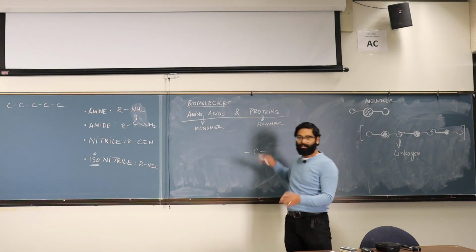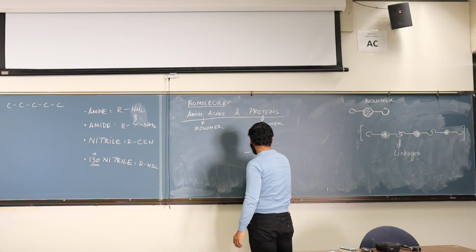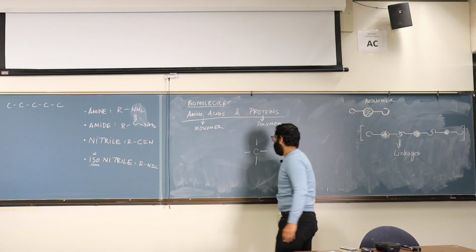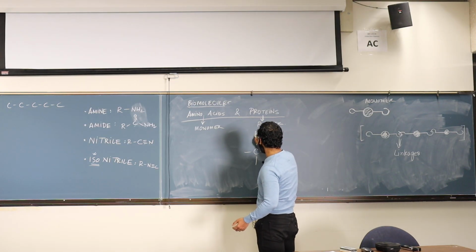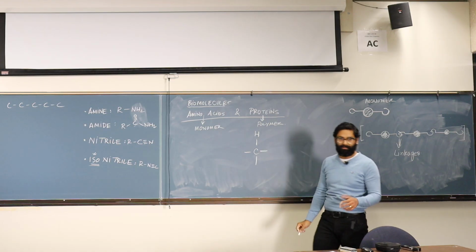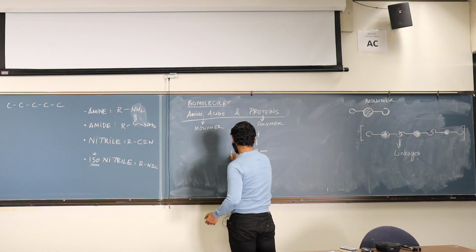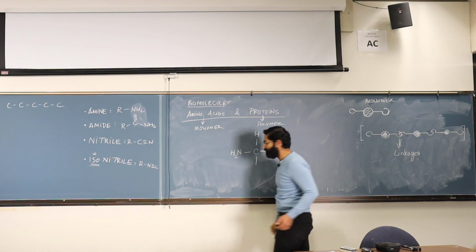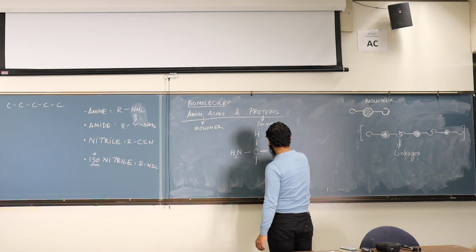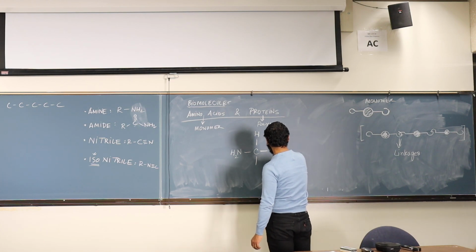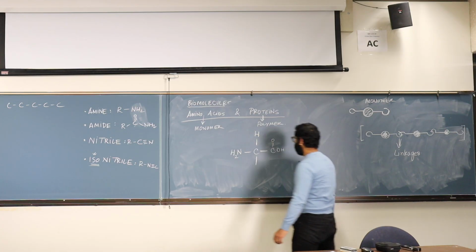So how many total bonds? There will be 4. One of them is always hydrogen. It's very convenient. One of the linkages is always hydrogen. The other one is always an NH2 group. The third one is a, what is this?